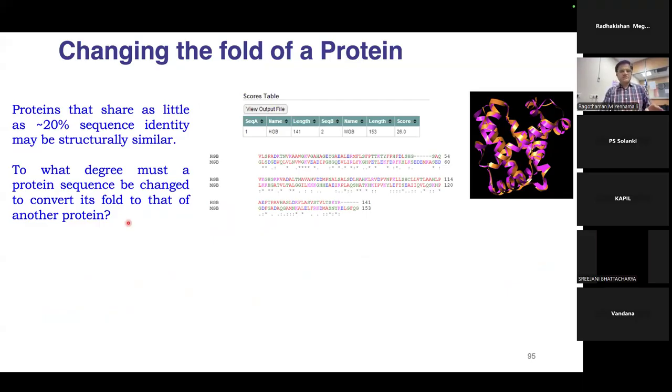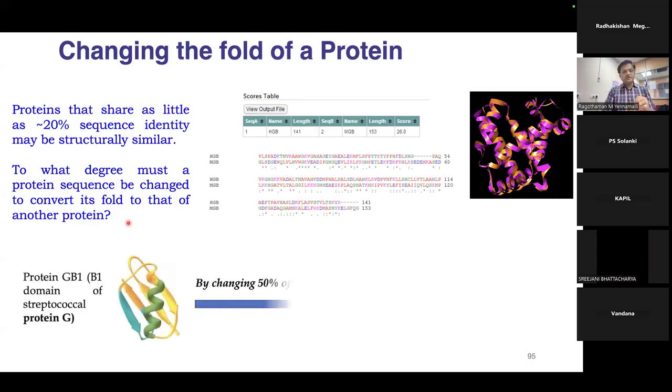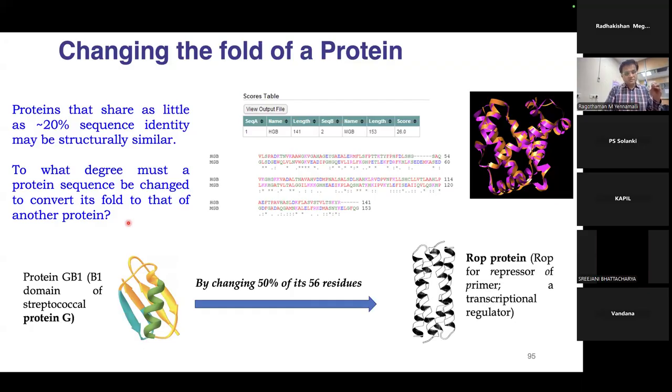So this was a $1,000 contest, and this was announced about 40 years ago. And there were many teams that competed, and one team ended up converting a protein from a completely different fold to another fold by changing 50% of its residues. So those were the rules.